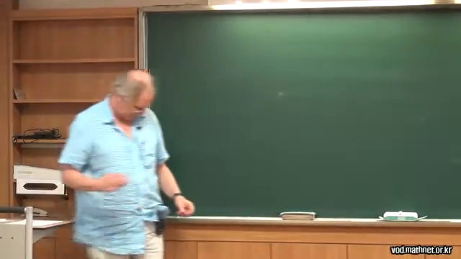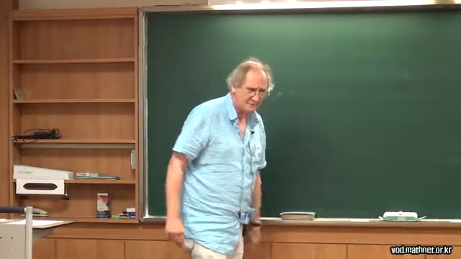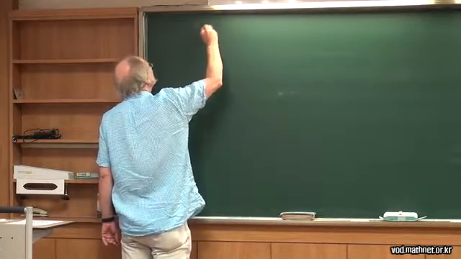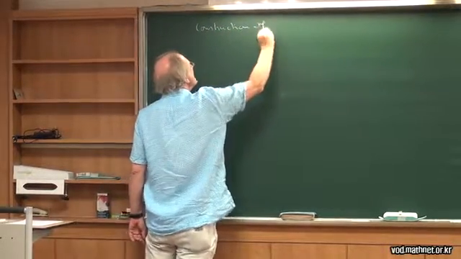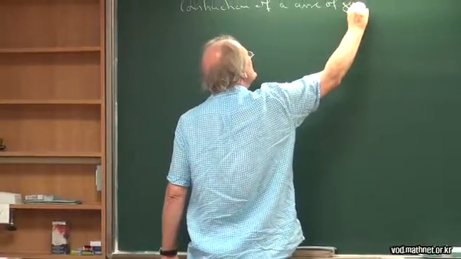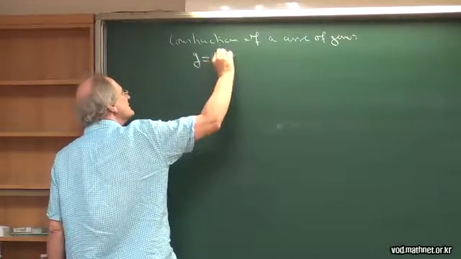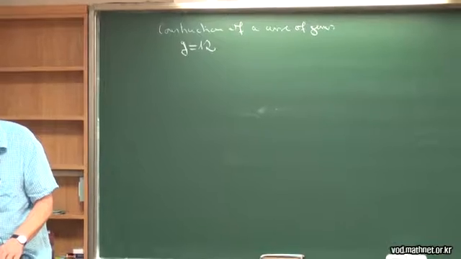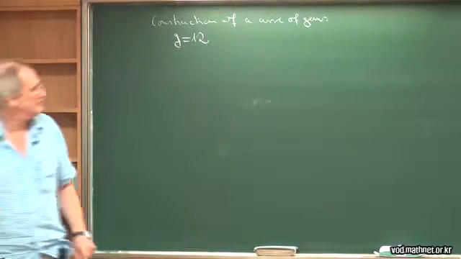So last time I explained that the Hartshorne-Rao module might be very helpful to construct a space curve, and I'm going to do a construction of a curve of genus g equal, I think I choose 12, and the degree should be 13.